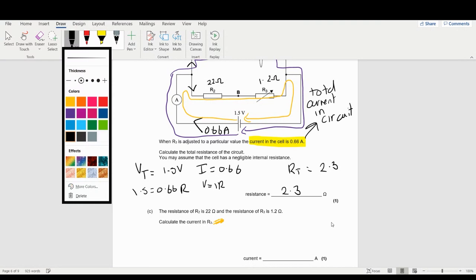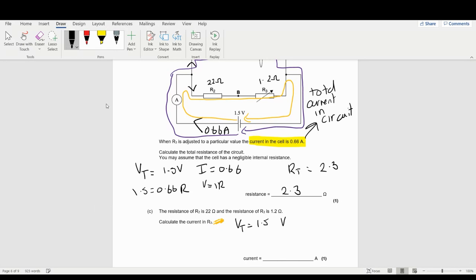volts. And luckily for us, these two resistors are going to have the same amount of current going through them. It's not the total current, but I know that they're going to have the same amount of current because as you can see, the current comes in and it doesn't split up. So I know that in total, the potential across this section here is going to be 1.5.